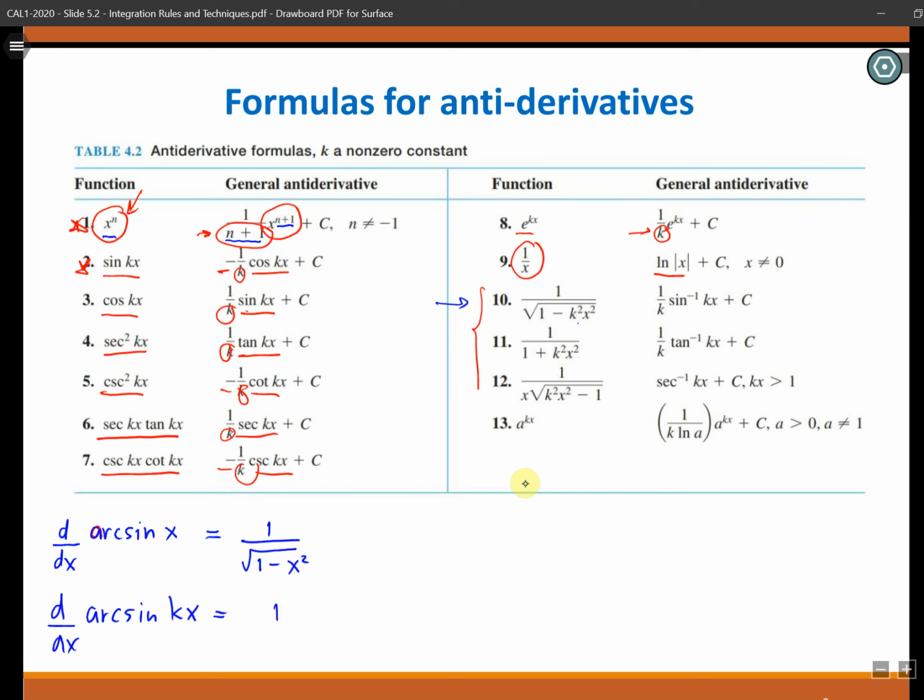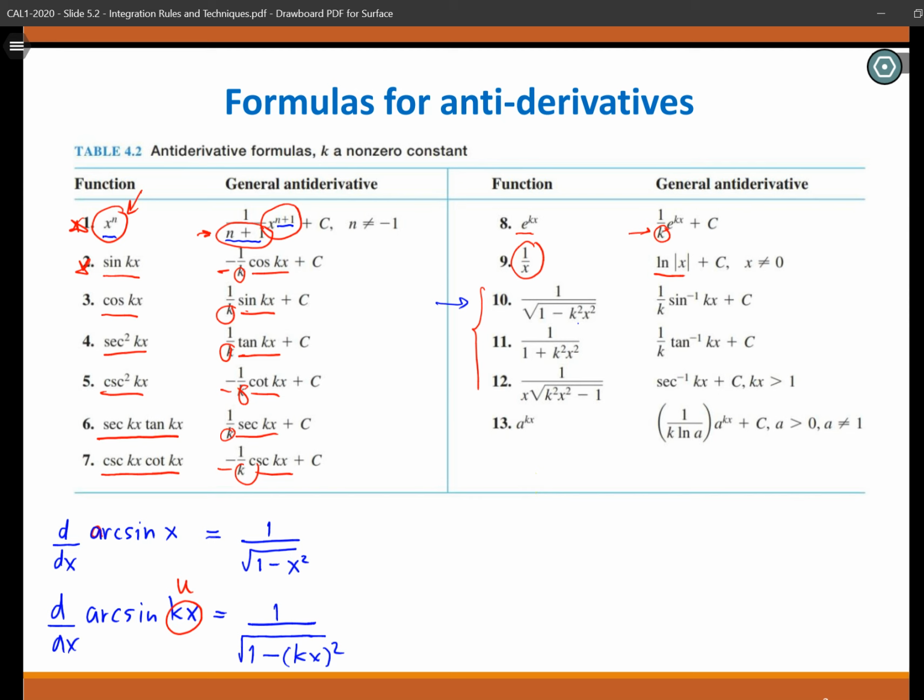So instead of this arcsin alone, we are going to add this coefficient k in front of x, arcsin of kx. Now with this, just perform differentiation normally. It's going to be the same pattern, except that the result here is going to be kx instead of x squared. So this whole term is going to get squared. You can think of this as u, sort of like substitution into that.